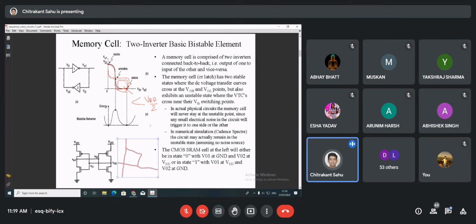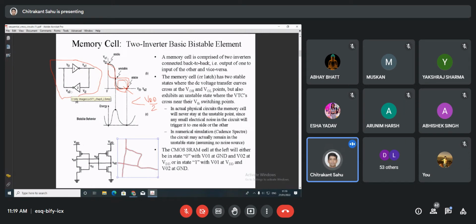So in SRAM cell, basically, if you are using this as a memory, okay, you can make an SRAM out of it. So you know that which kind of memory is the fastest one? The SRAM that is used, and we always talk about the memory application, 6 GB RAM, 8 GB RAM, all those things, right?